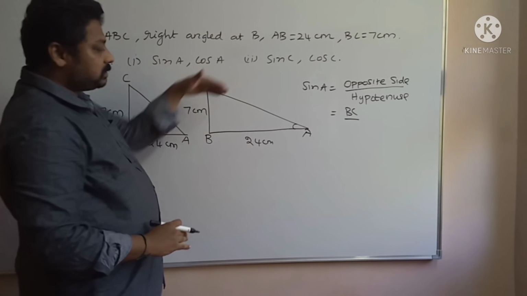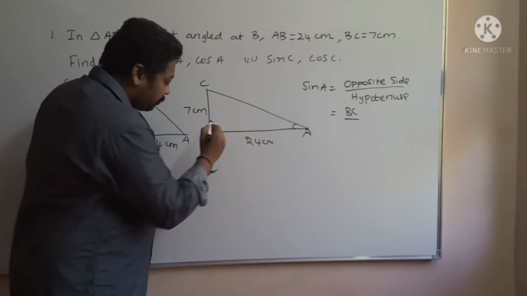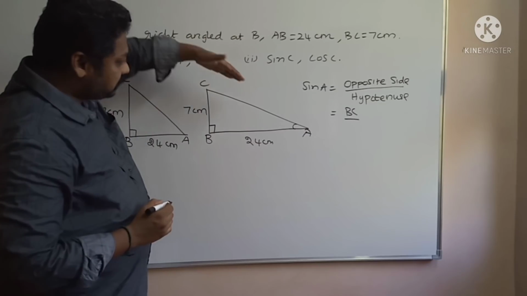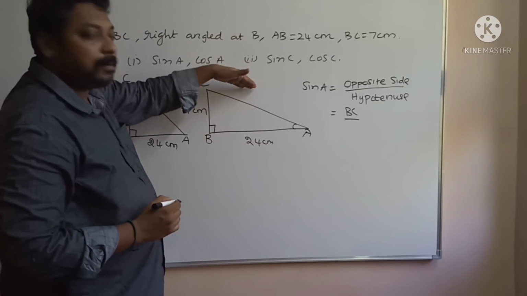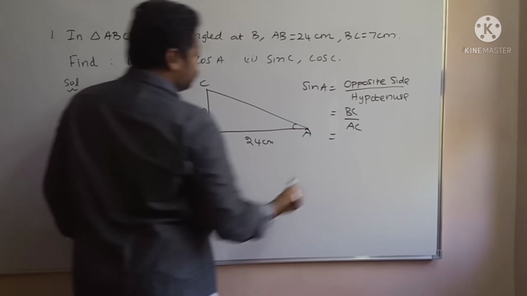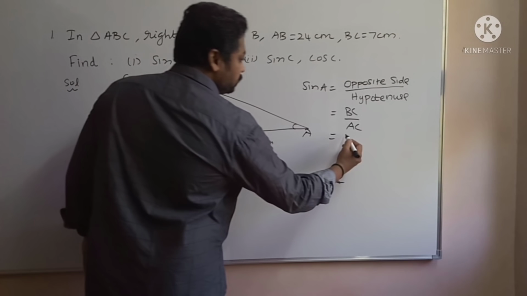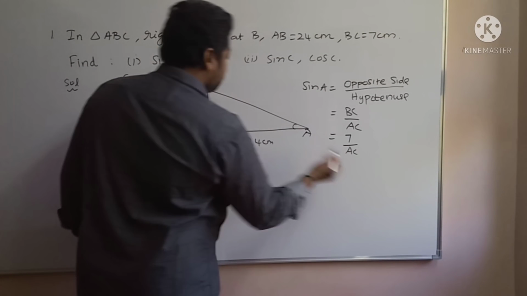We know the longest side is called hypotenuse. The angle B is 90 degree, so the side opposite to the 90 degree is the longest side, which is called hypotenuse. So this is AC. What is BC? BC is 7 centimeter. What is AC? AC we don't know. Shall we find AC?